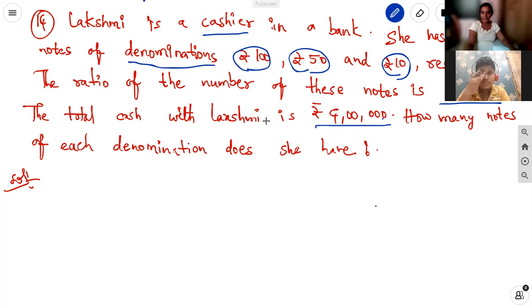Here 100 rupee notes, 50 rupee notes, and 10 rupee notes are in the ratio. We don't know the number of notes for 100 rupees, 50 rupees, and 10 rupees.